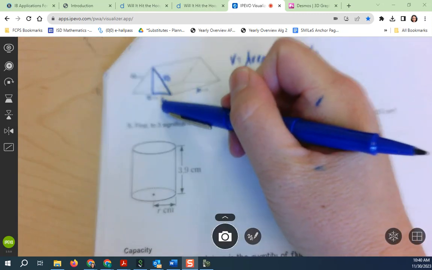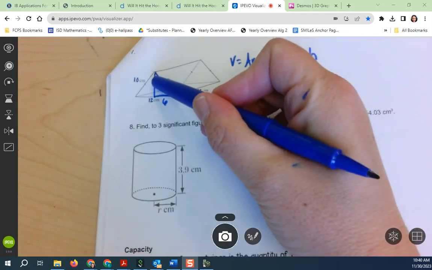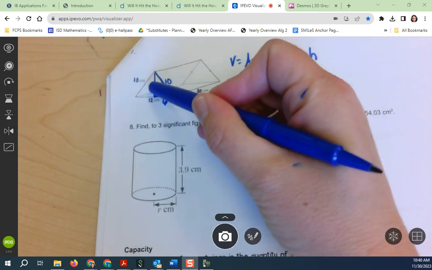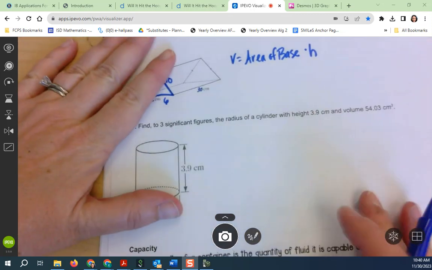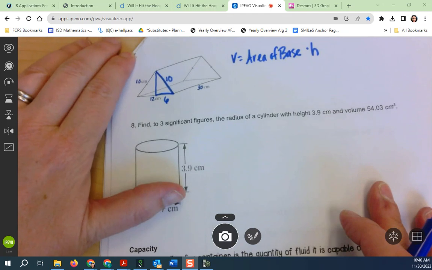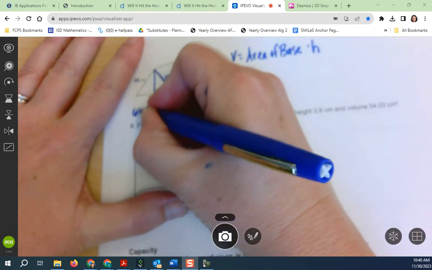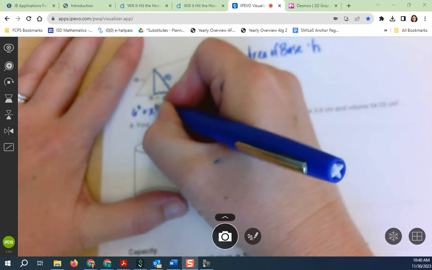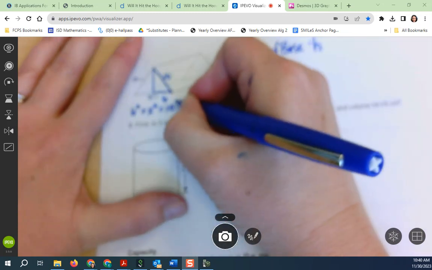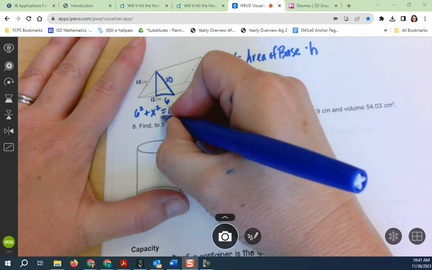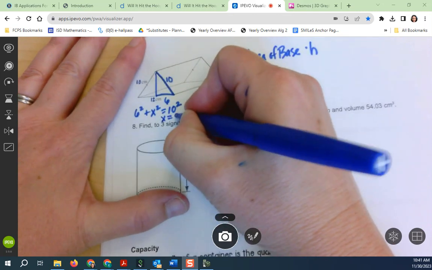So 3 times 2, 5 times 2. So this one must be what? It must be 8. But you didn't know that, right? And that's okay. If you're taking a test and you don't know that, then you just do the Pythagorean theorem. 6 squared plus x squared equals 10 squared. And then you get x equals, when you solve it, 8.